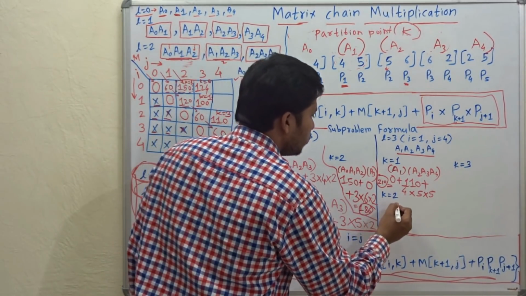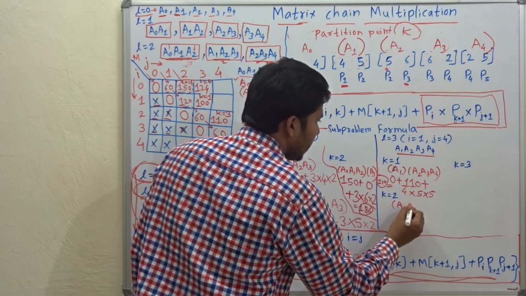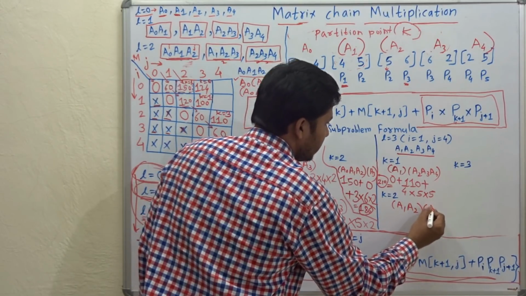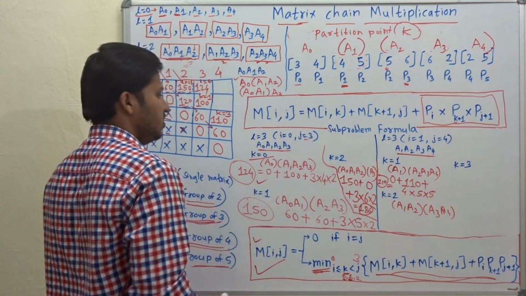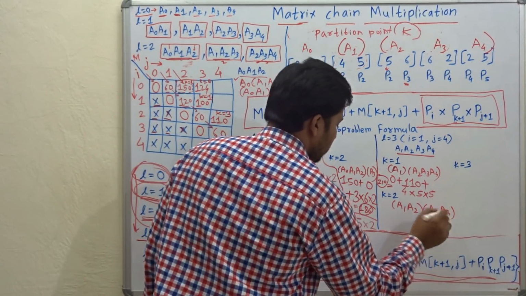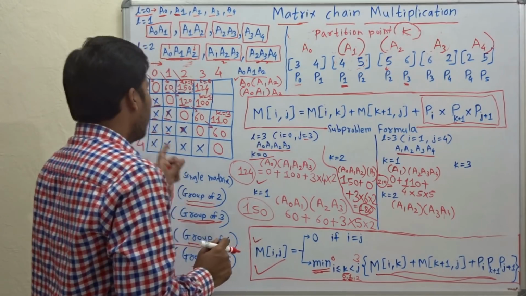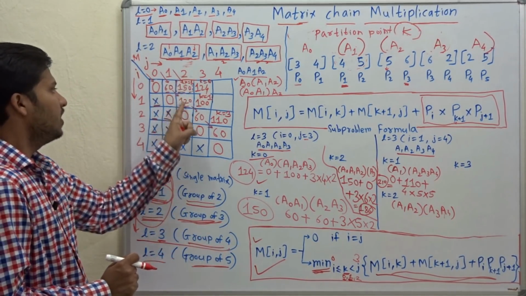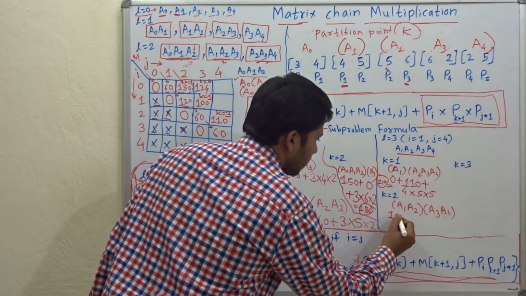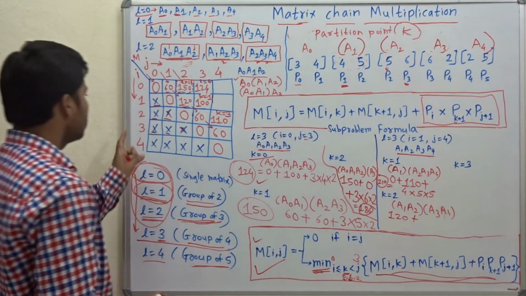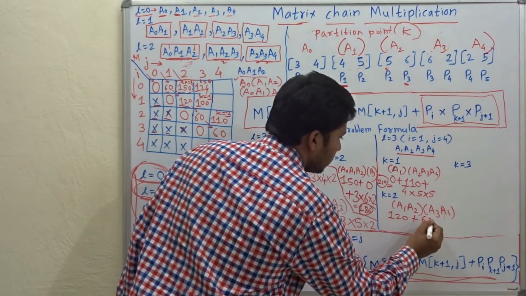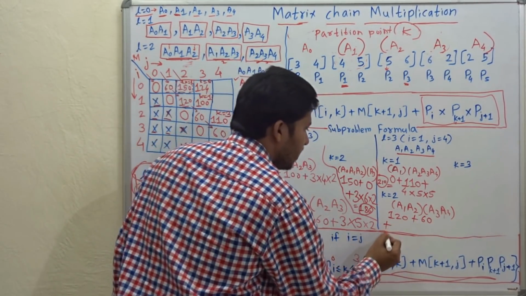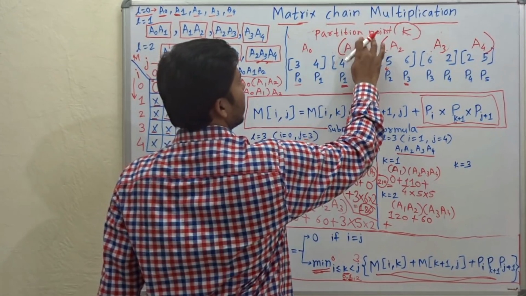Now for k equal to 2, what will be the partition? A1, A2 and A3, A4. These are the two partitions. Okay. Now for 1 to 2, 120 is the cost, plus for 3 to 4, 60 is the cost. Okay. Plus, what are the two partitions?